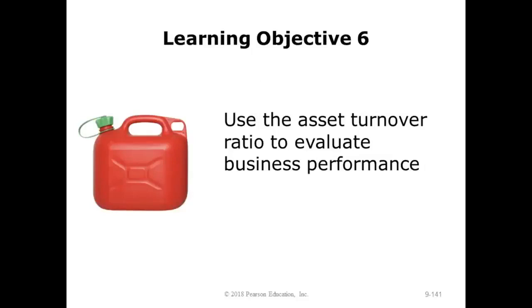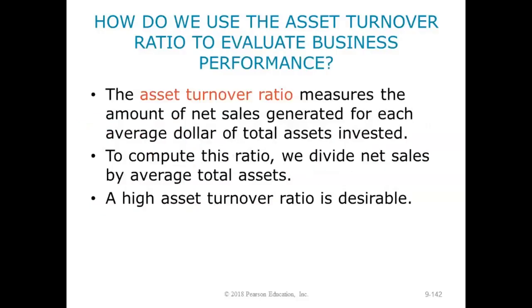Now, let's take a look at the last section in this WebEx session, the asset turnover ratio to evaluate business performance. With asset turnover, I want to look at the amount of sales generated for each average dollar of total assets. Really, I'm looking at how efficient I am at using my assets based on the sales that I'm generating.